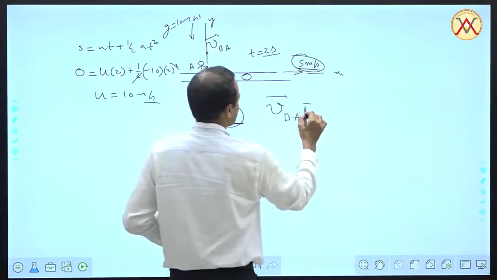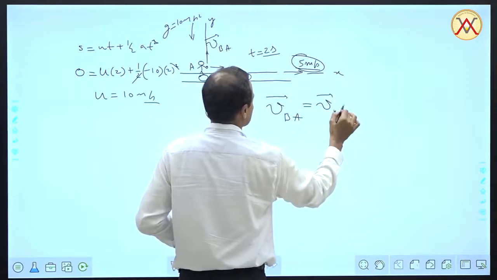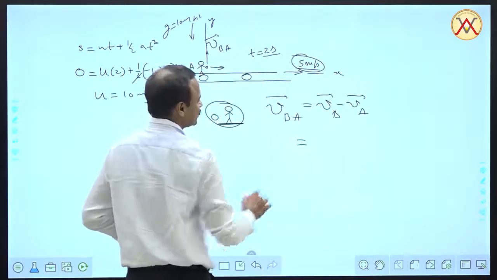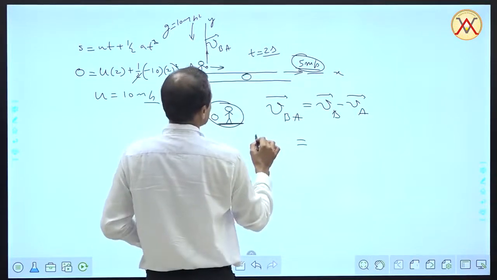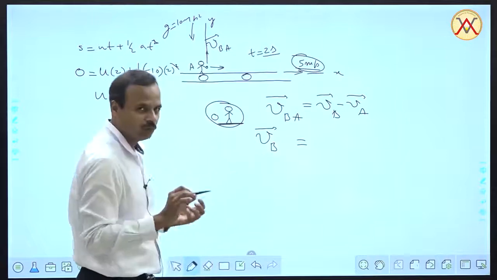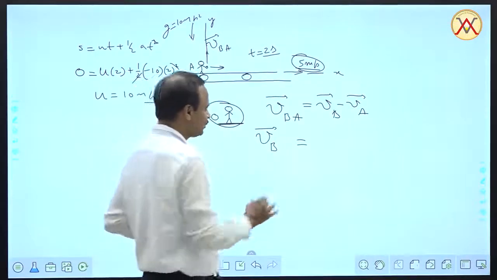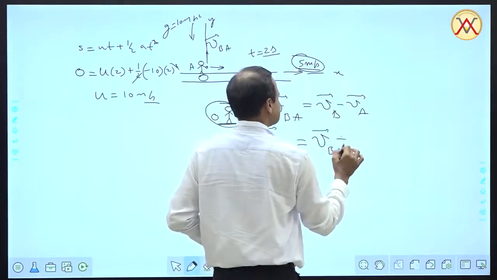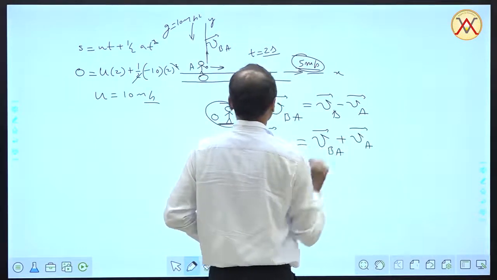So VBA vector is your VB vector minus VA vector. Alright, so this gives us VB vector. VB vector means what? It is the velocity of ball relative to ground. So VB vector becomes VBA vector plus VA vector.